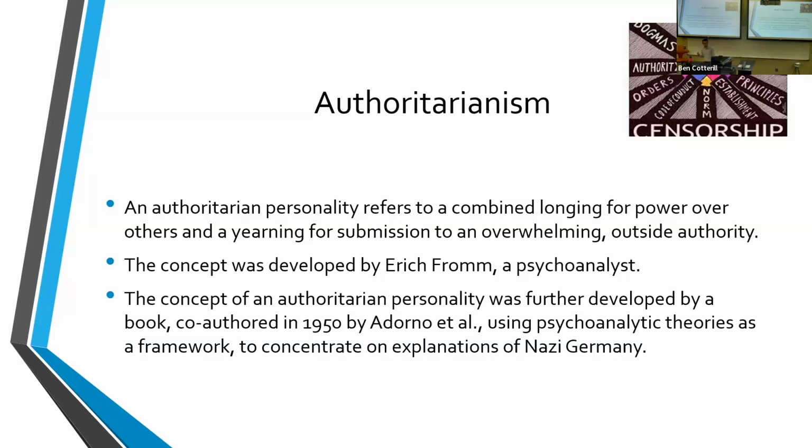What the 1950 text was really aiming to do was take Fromm's authoritarian personality and use it to explain what happened in Nazi Germany: that there was a higher than normal level of authoritarianism in Germany at this time, according to the researchers. And this was explaining why they bowed down to Nazi rule and didn't question the morally wrong things that the Nazis were doing.